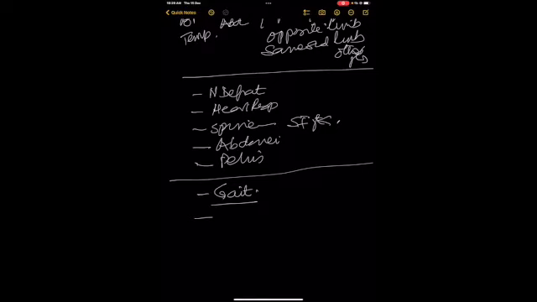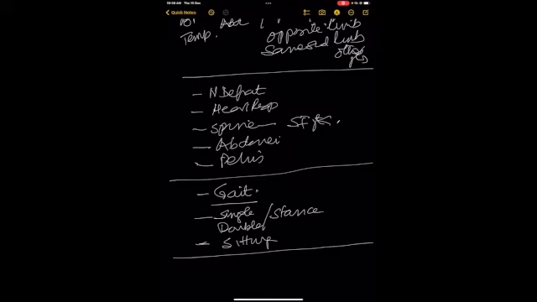Then single limb or double limb stance, standing on each of the limbs. Okay. Then you go to sitting. And if all these things are normal, painless and stable, then probably the hip is not involved.